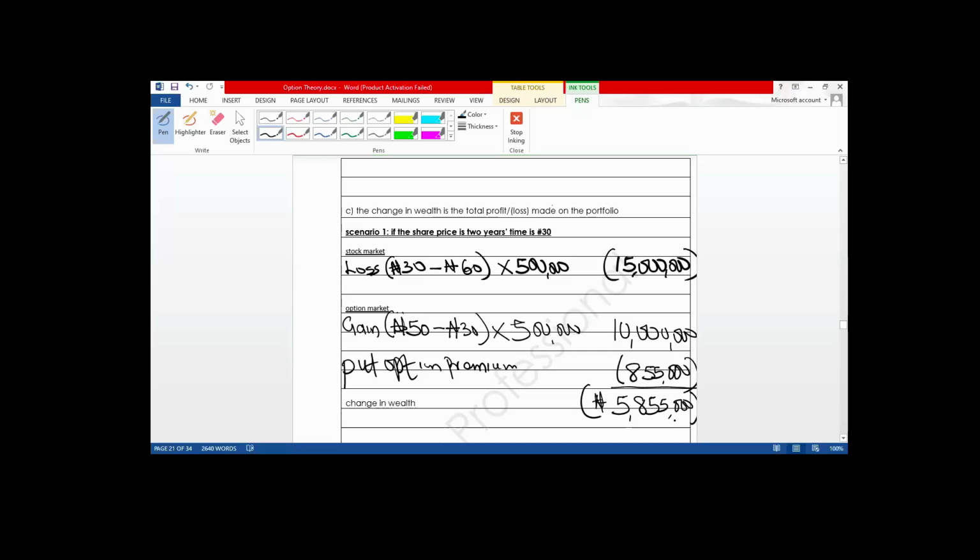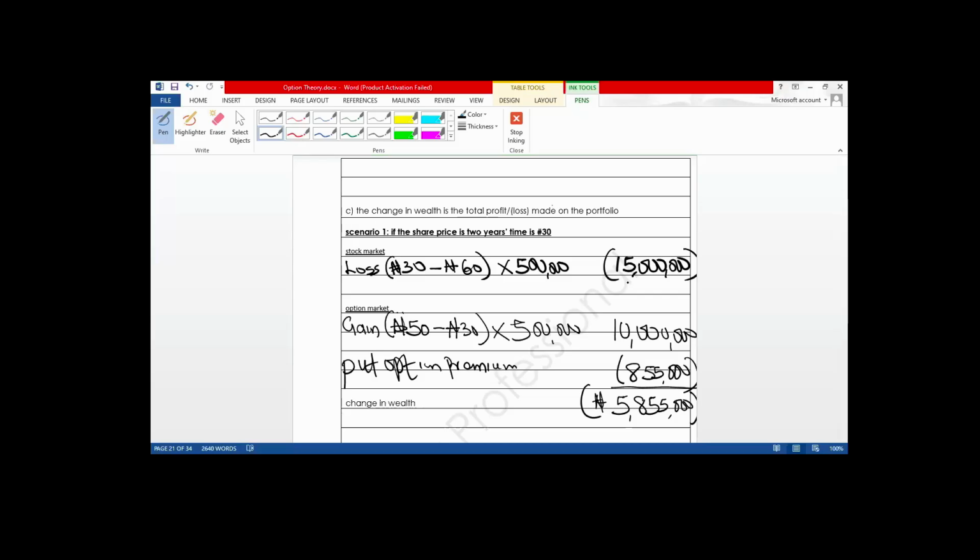To appreciate what has happened, assuming the investor has not purchased 500,000 put options, she will have lost 15 million naira at the stock market.